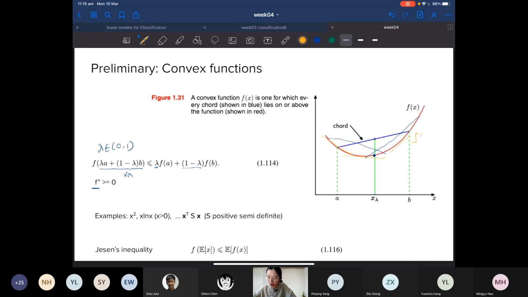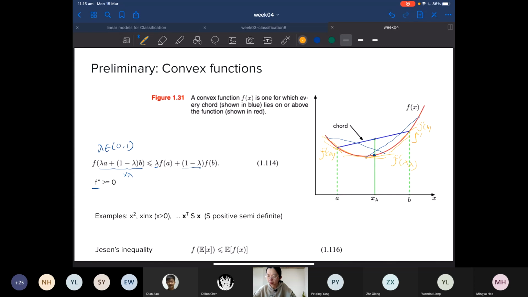So these are f primes, like let's say this is f prime at point B, and this could be f prime at point A, pardon the drawing. And then this is essentially f prime at x lambda, right?